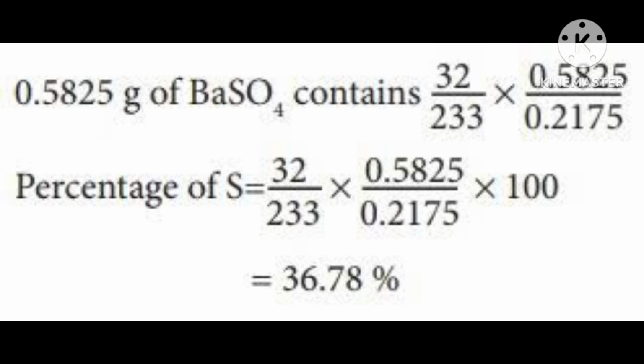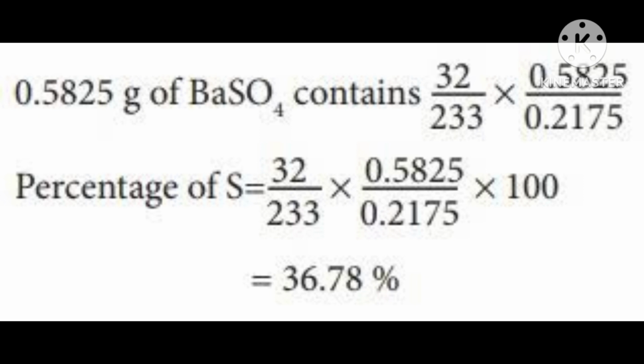You simply multiply upside: 80 into 0.12 divided by 188. Now you are getting the amount of bromide ion.